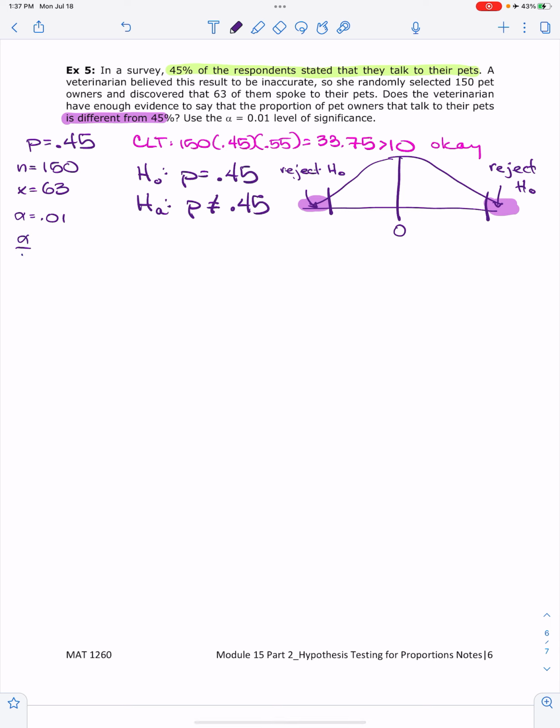I have an alpha over 2 of 0.005, so 0.005 in each tail. If I use norm.s.inv to find that cutoff value for 0.005, I get negative 2.58.